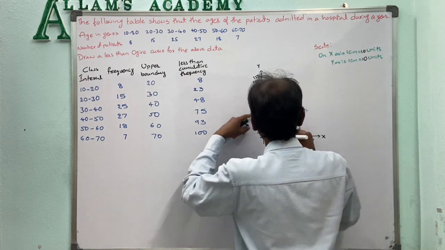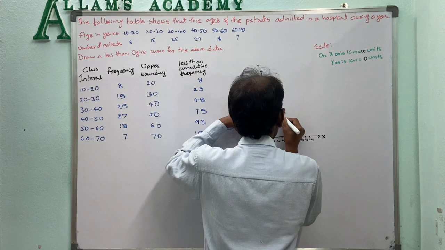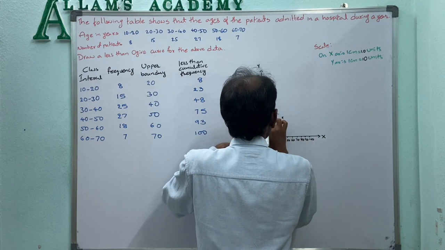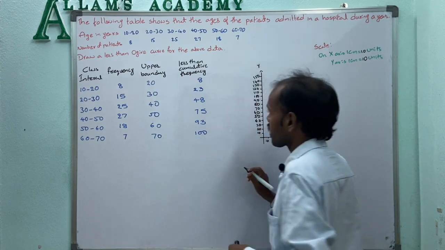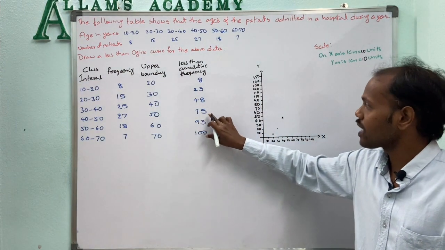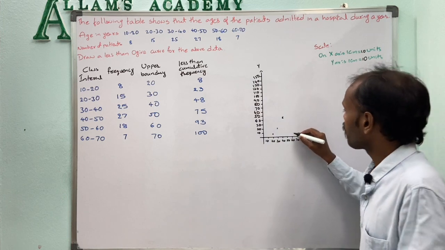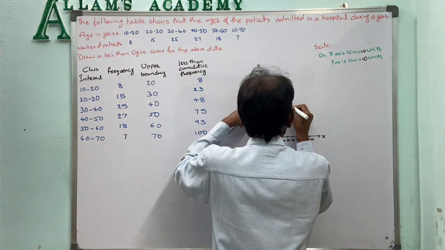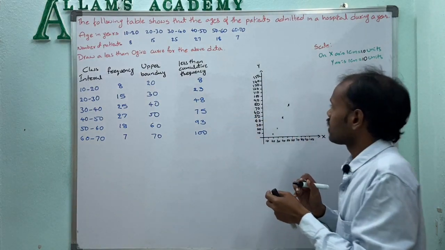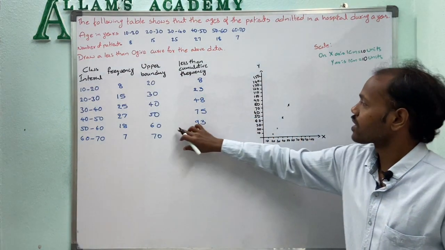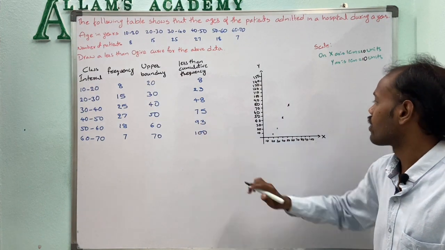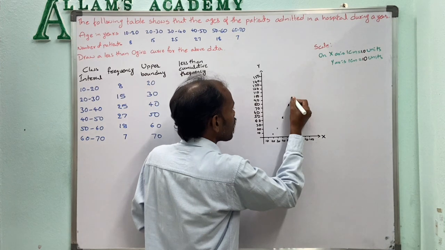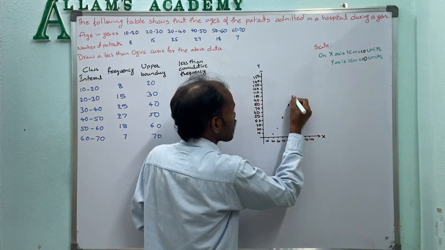Next, for 50 the corresponding value is 75. Next, for 60 the corresponding value is 93.